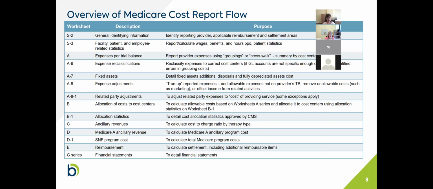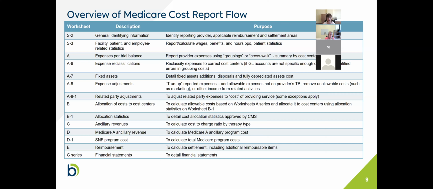Then we also do related party adjustments. If you have a management company, there's a lot of transactions between related entities, maybe, or like in the state of Washington, you guys have different facilities that share some services.